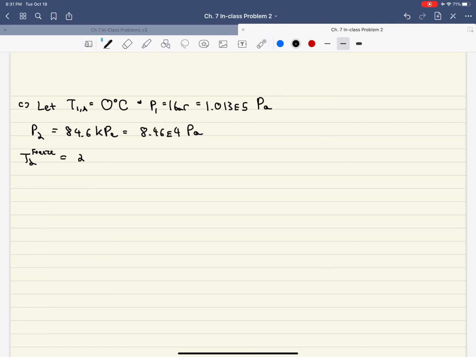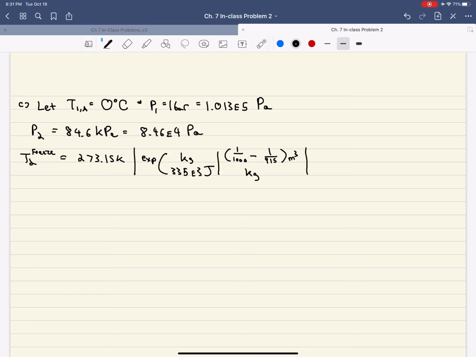T1 is 273.15 K times the exponential of H melt, and then for our molar volumes, I said those were equal to inverse density, in units of meters cubed per kilogram.